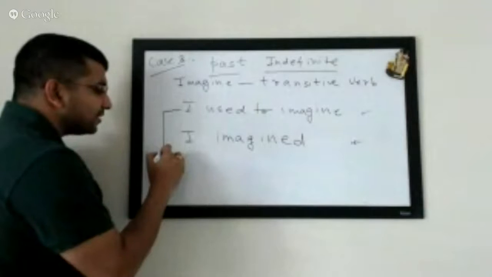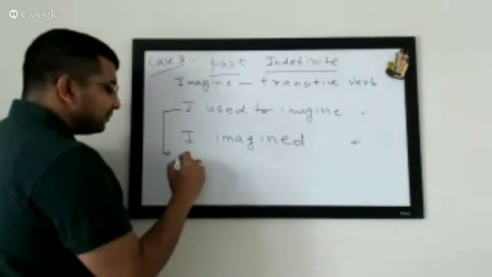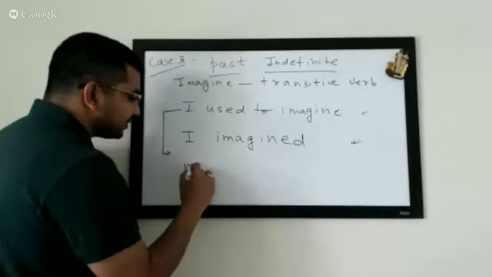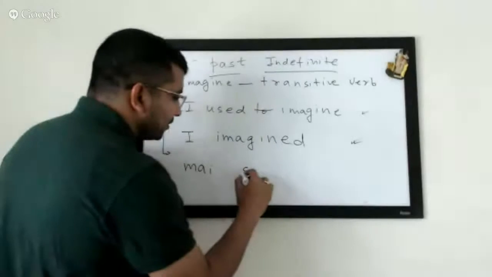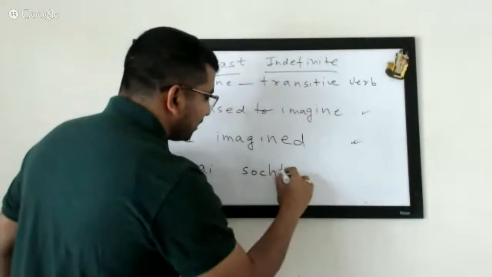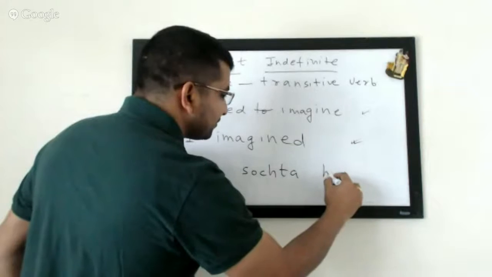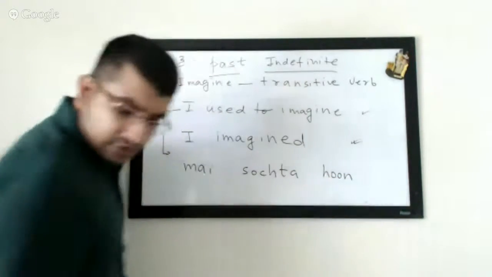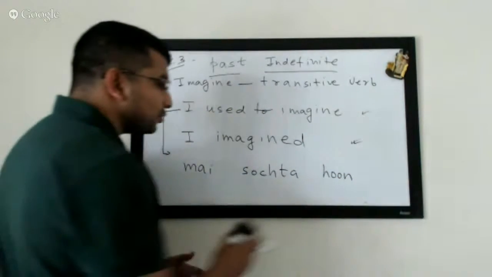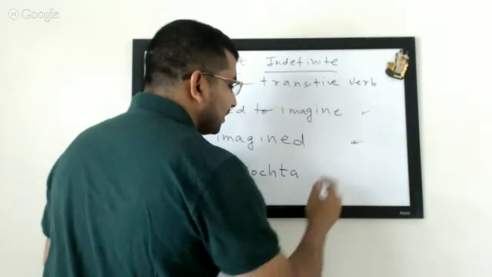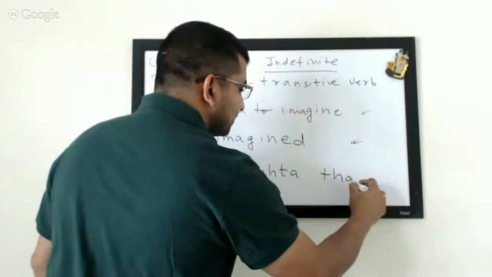Okay, so the first one, it's simple, right? I used to imagine, right? It simply means, in the present you said मैं सोचता हूँ. In this one you will simply replace हूँ with था. That's it.